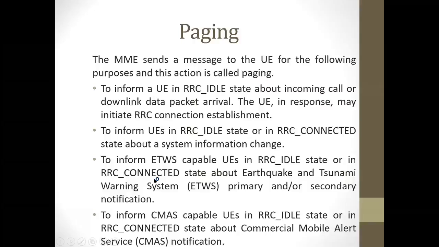So in RRC connected state also the network can send the message. It is 11:45. CMAS is something similar. In the case of some kidnapping or some urgent notification from the government, CMAS can be used.